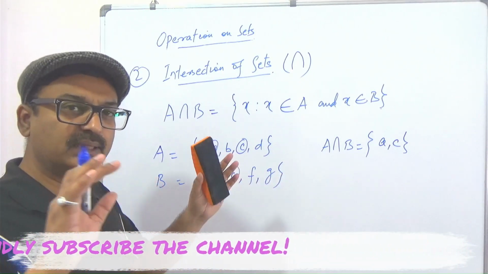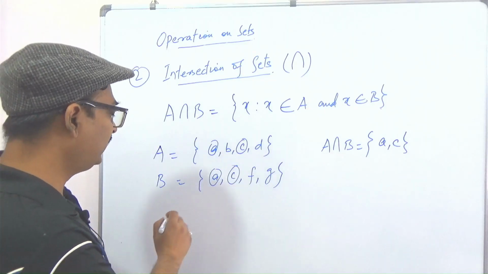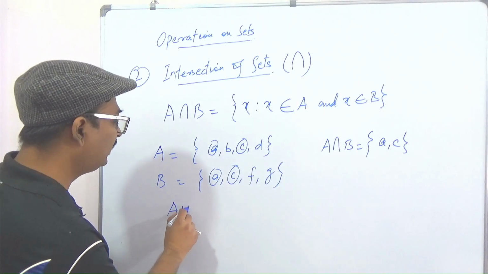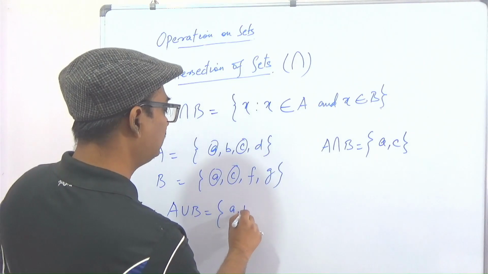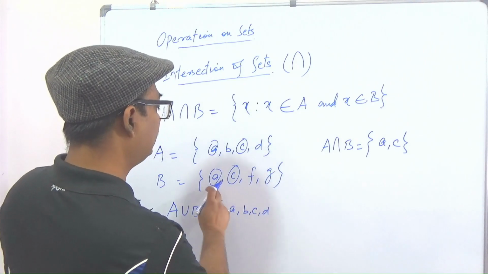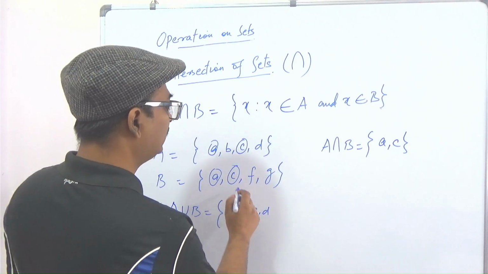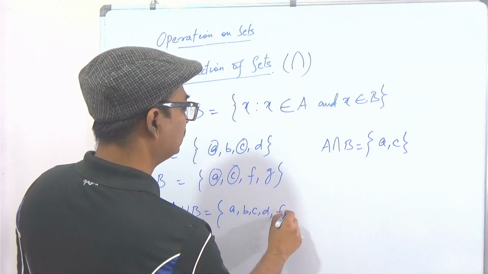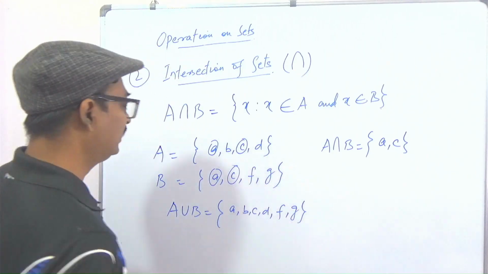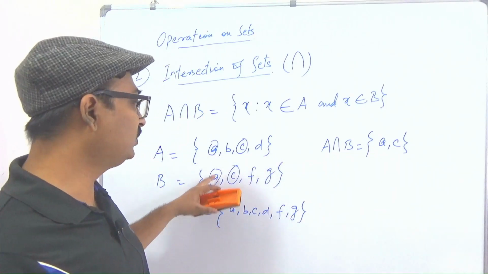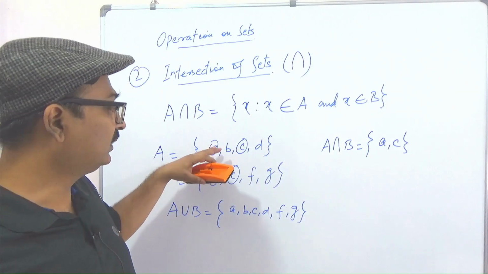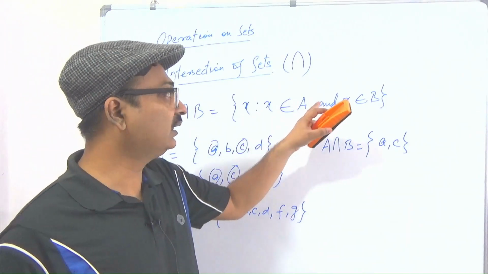Just to make things clear, what will be A union B? A union B will contain all the elements present in A, that is a, b, c, d, and from B, a and c are repetition, so we add f, g. This is A union B. But A intersection B is a and c, only these two elements that are present in both A and B.